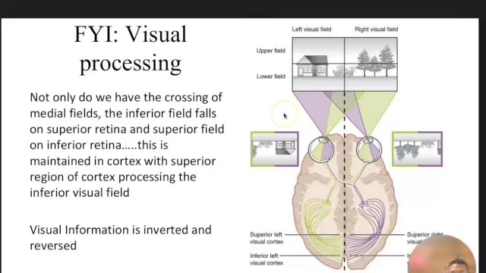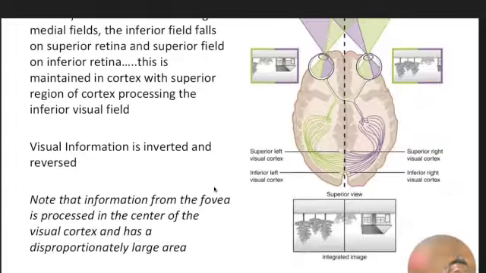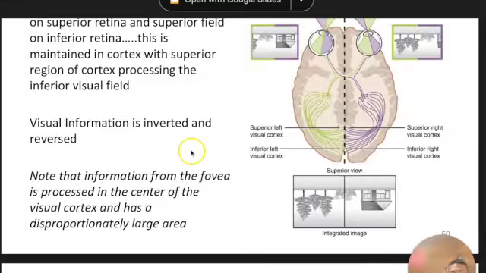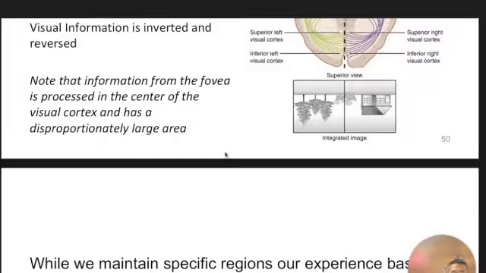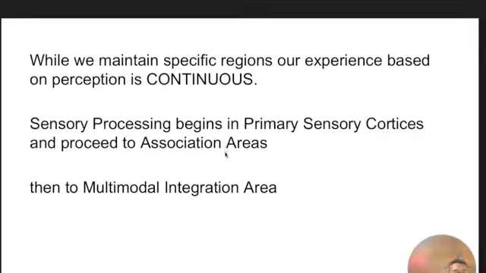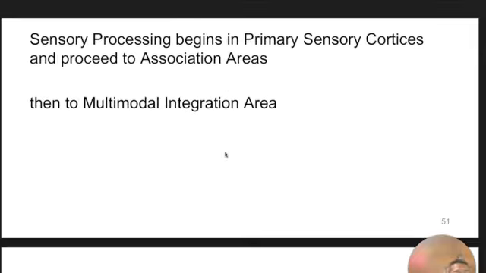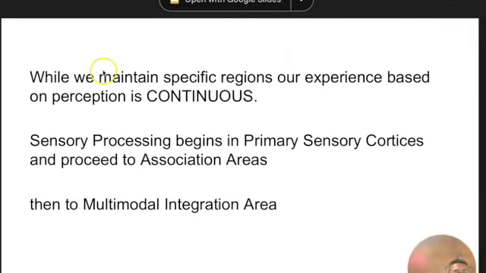And then when he took them off, he wasn't used to it, and he had to readjust again. Information is inverted and reversed. Okay, that's all you need to know here. While we maintain specific regions, our experience based on perception is continuous.